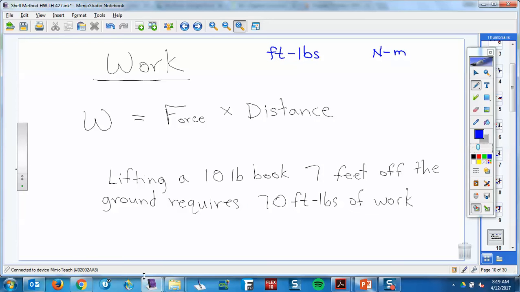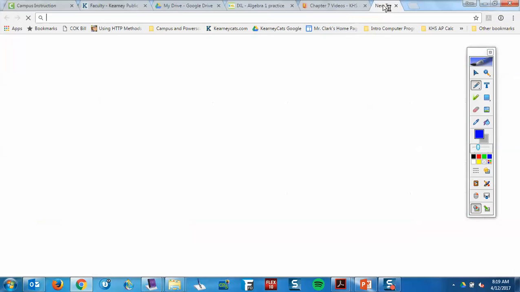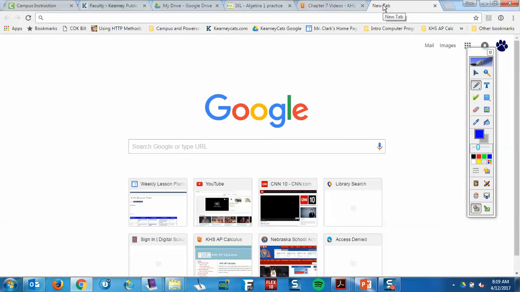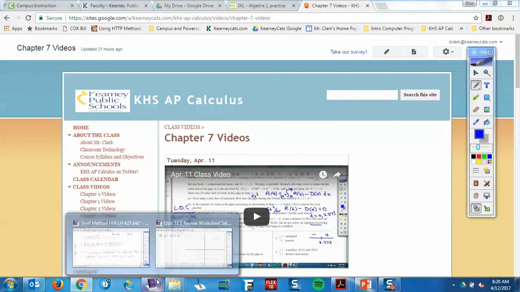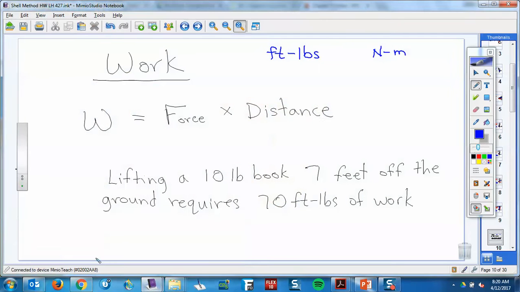It doesn't matter because we're going to do all ours in foot-pounds or inch-pounds. One Newton meter is equal to energy transferred or work done on an object. Newton meters or joules, but we won't use those terms.